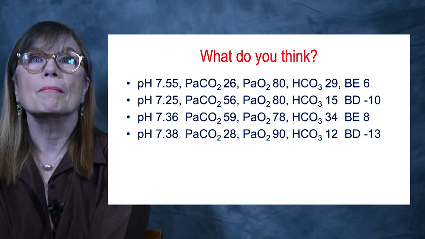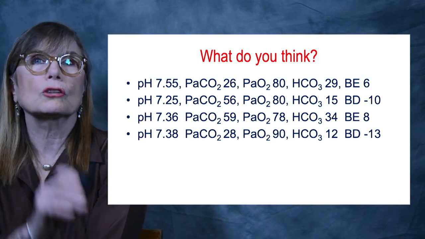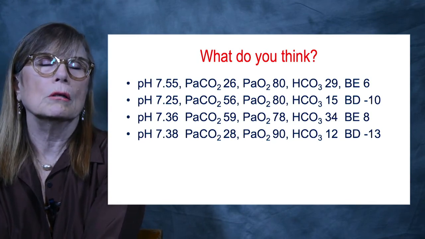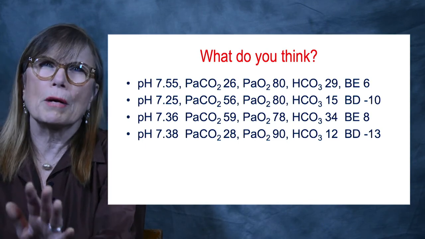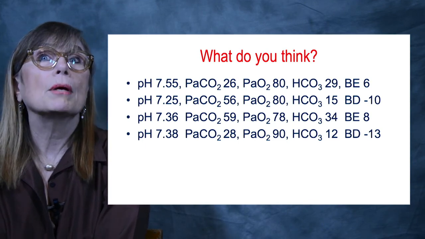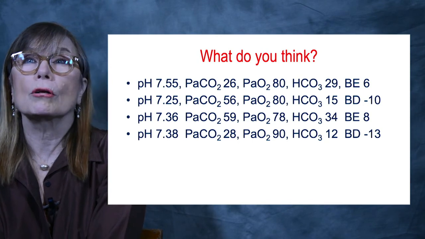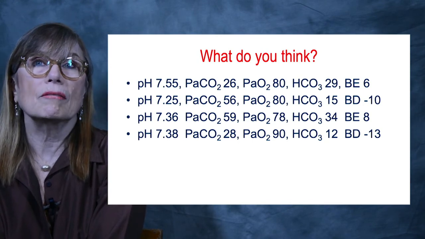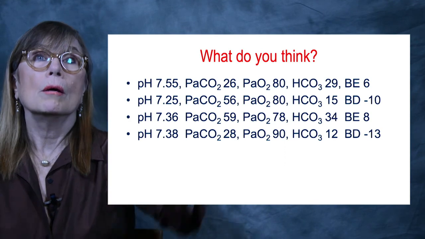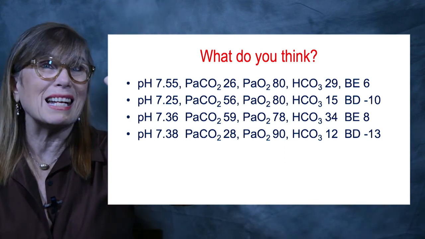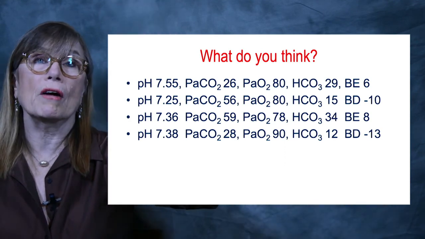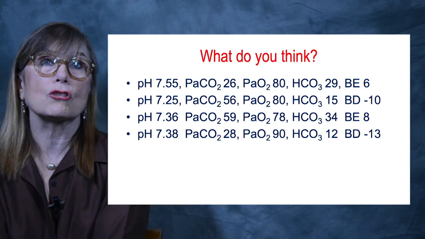Look at the next one. pH is 7.36, so we're not going to even talk about the O2 here. This is an older person on room air, 78. They're looking great. pH 7.36, PaCO2 59, bicarb 34, base positive 8. So pH is down but inside range, which could be normal variation or a problem with compensation.